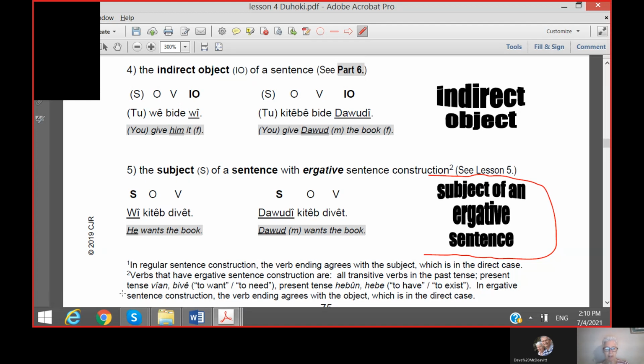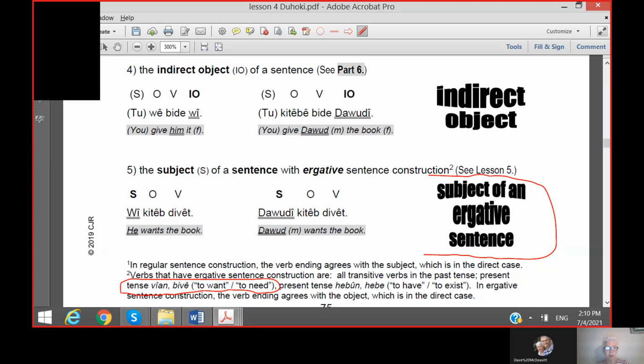Now remember, present tense of want or need is in ergative sentence construction. So he wants the book. This verb is just ergative. And the word ergative is a linguistic term. I did not make this up. It's just the term that linguists use to describe this sentence construction, where the verb ending agrees with the object.